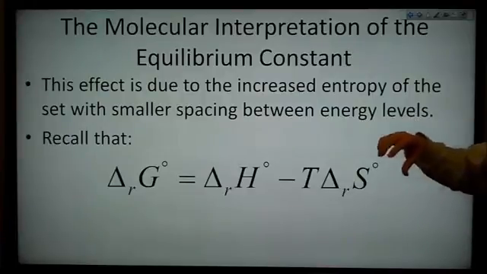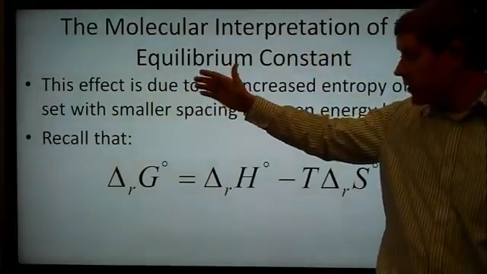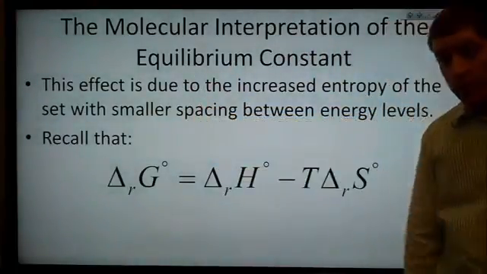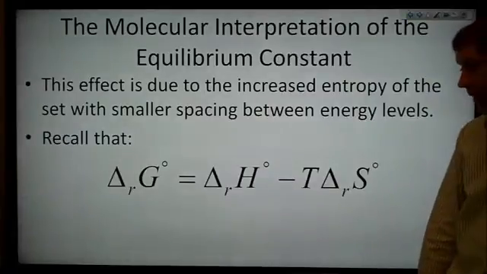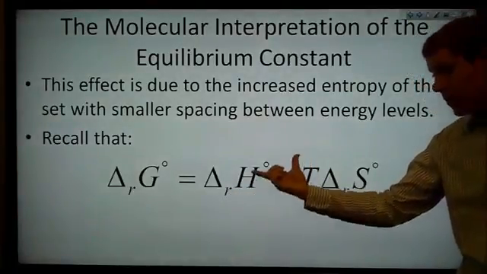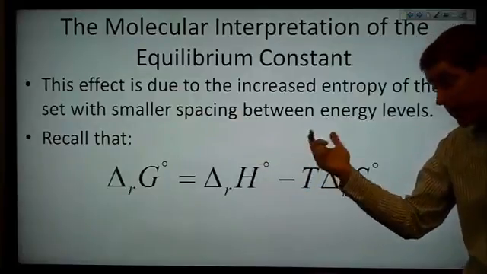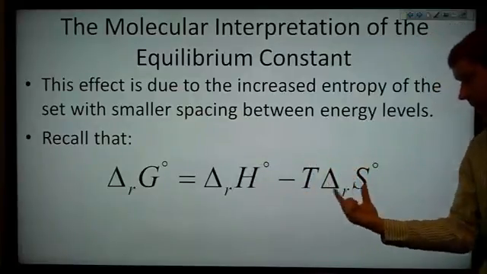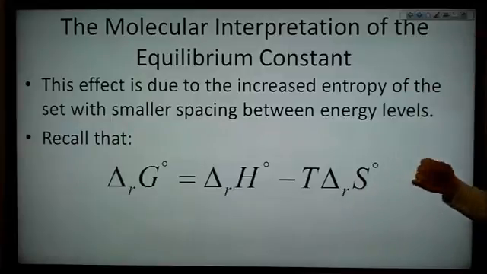So remember now that the delta rG naught, so the standard Gibbs energy of reaction, is equal to the standard enthalpy of reaction minus the temperature times the standard entropy of reaction.